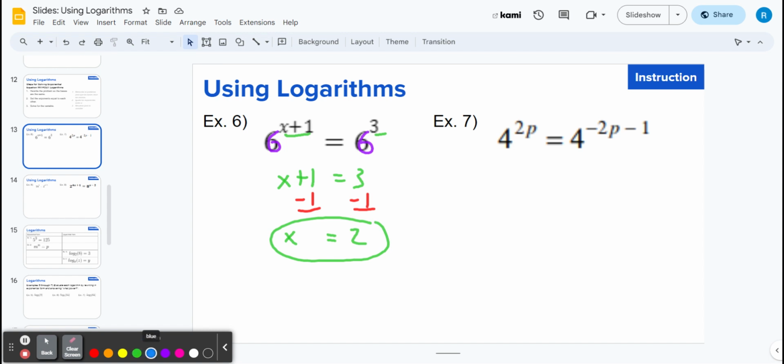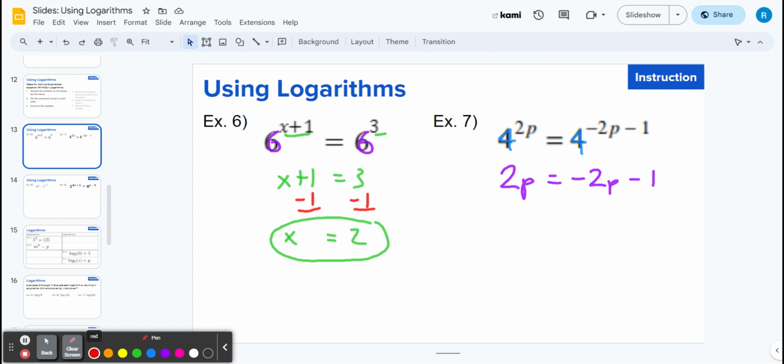All right, I have my base of 4 on both sides. Okay, so I can ignore that completely and take down these exponents, 2p, and set it equal to the other exponent, negative 2p minus 1. From there, we're using our algebra skills, and this is a good day to just practice this.